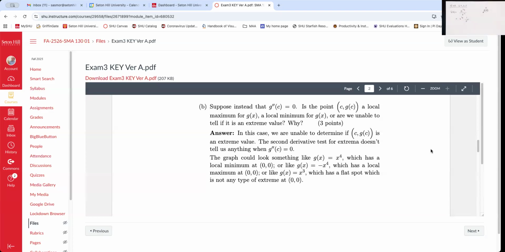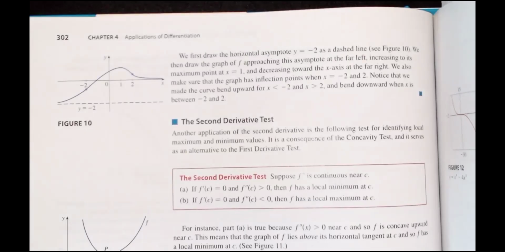So that's actually in our second derivative test, chapter 4, section 3, I think. Yes, what second derivatives tell us about the shape of a graph is chapter 4, section 3. And our second derivative test is on page 302.